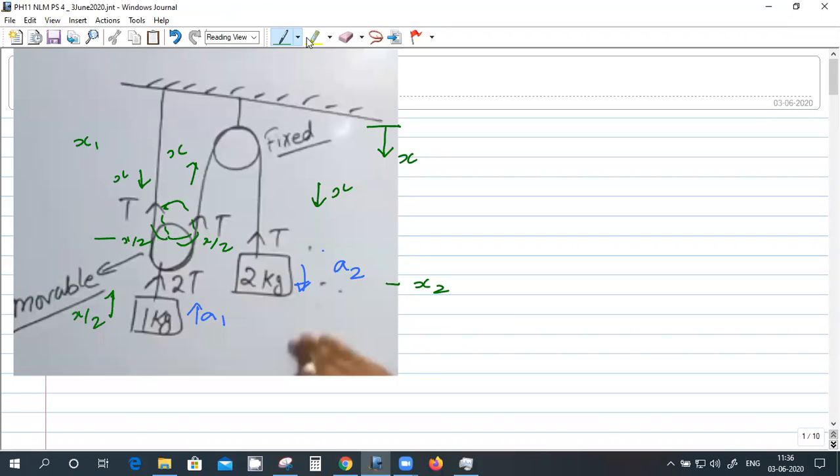You're getting my point, right? I'm fixing my coordinates like this. This is the origin of the x-axis and this is the direction of my x-axis. Using that, the coordinate of the 2 kg is x2. And the coordinate of this pulley, which is the same as this 1 kg block, is x1. What is the distance from here to here?